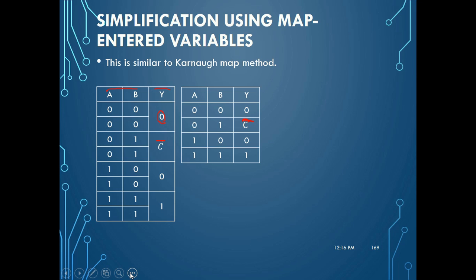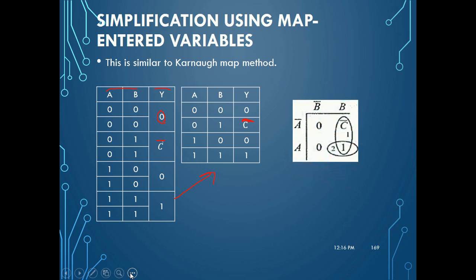The same thing is written here. And the K map for the problem, now you are going to write, A and B is the input. So what can you enter here? C bar is the map entered variable, or EV as we call it.